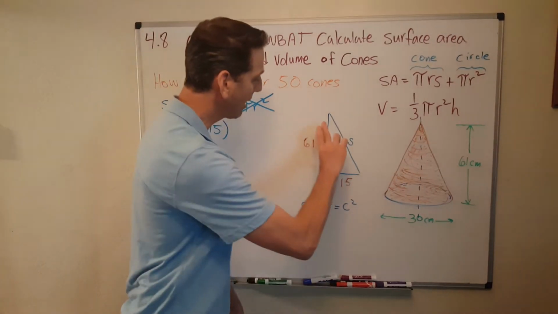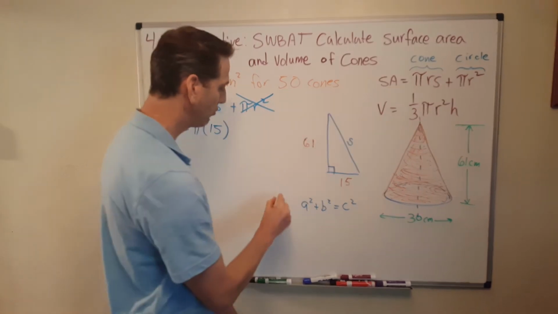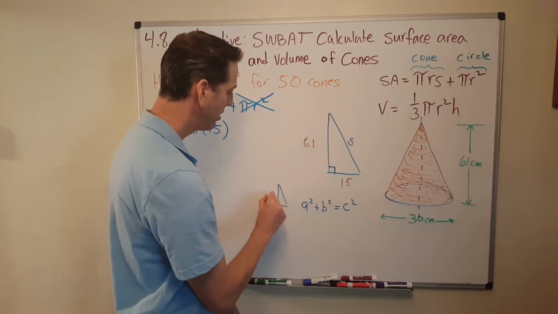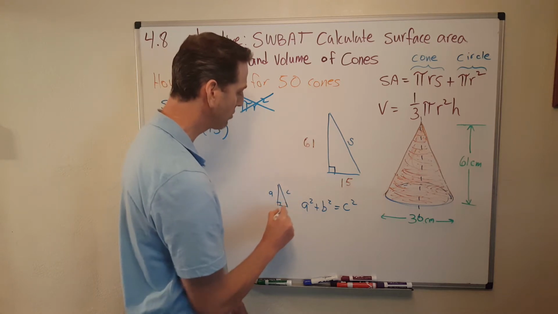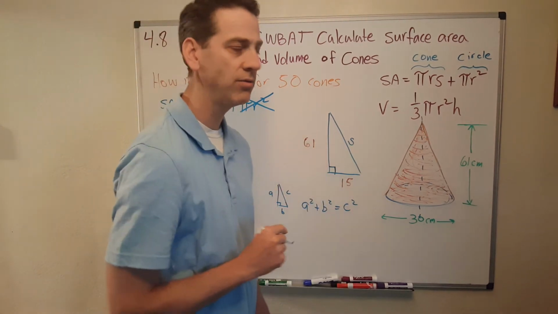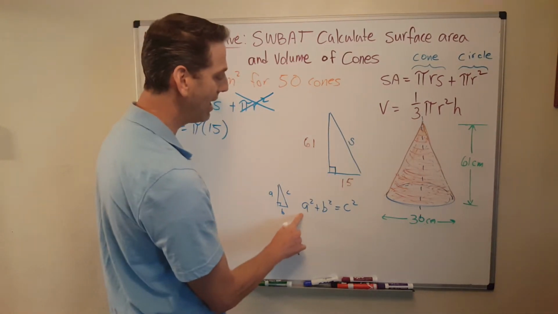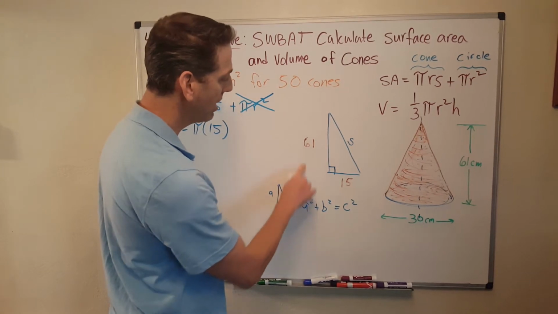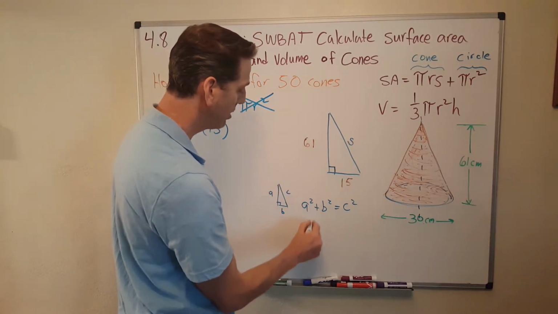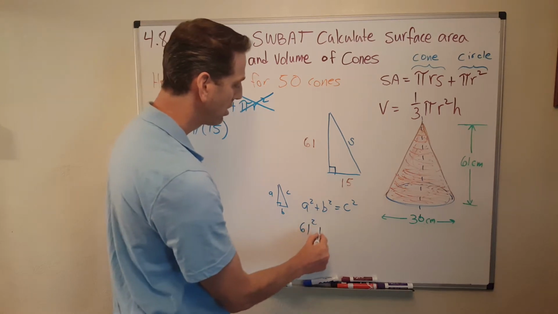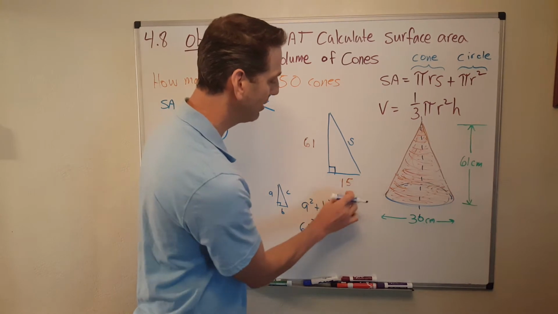I'll draw a little picture over here: a, b, c. For any right triangle, c is always the hypotenuse. What's a going to be? a is 61, so I'm going to put 61 squared plus b squared. b is this length here, so that's 15.